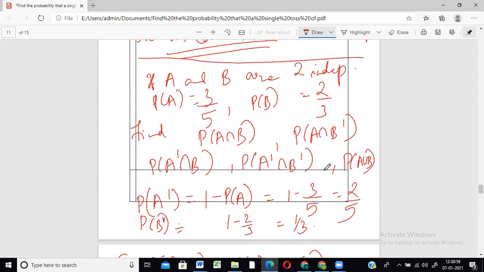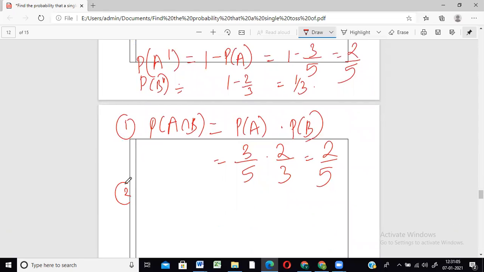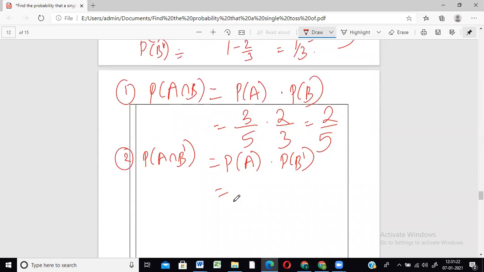Next one is probability of A intersection B dash. They're independent, so both will get multiplied: probability of A into probability of B dash. A is 3 by 5, B dash is 1 by 3. 3 by 5 into 1 by 3 is 1 by 5.